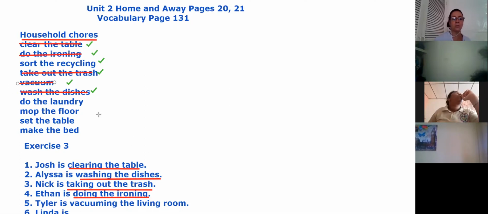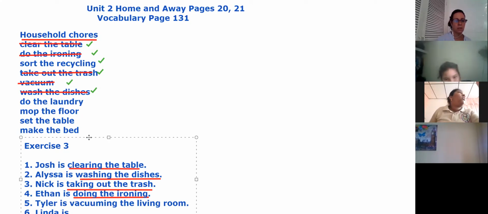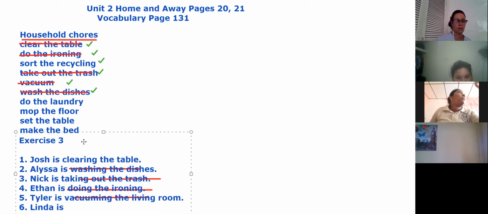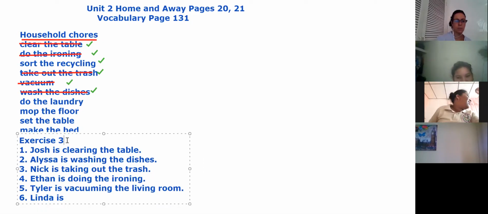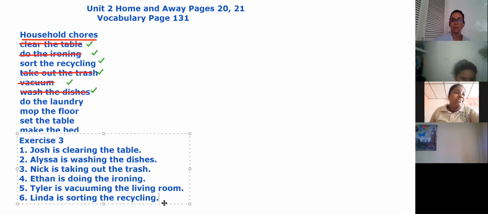So he sorts out the recycling. What you can recycle, he separates. In this case, let me pull this up so we can fill in. Linda is sorting the recycling. Linda is sorting the recycling.